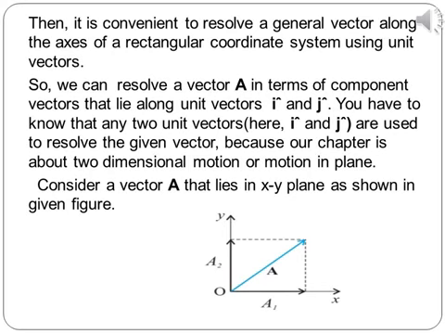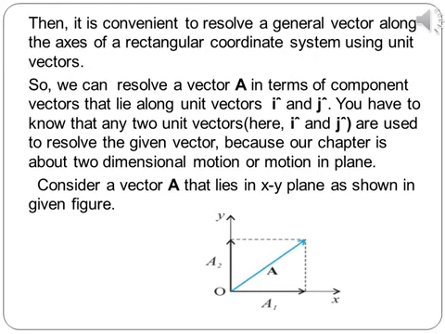Is it possible to resolve a general vector along the axis of a rectangular coordinate system using unit vectors? Yes, it is convenient to resolve a general vector along the axis of a rectangular coordinate system using these unit vectors.